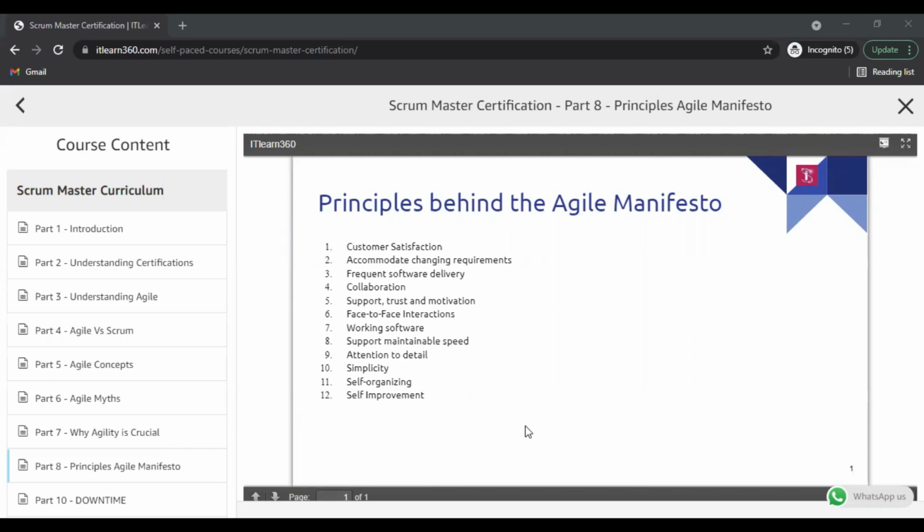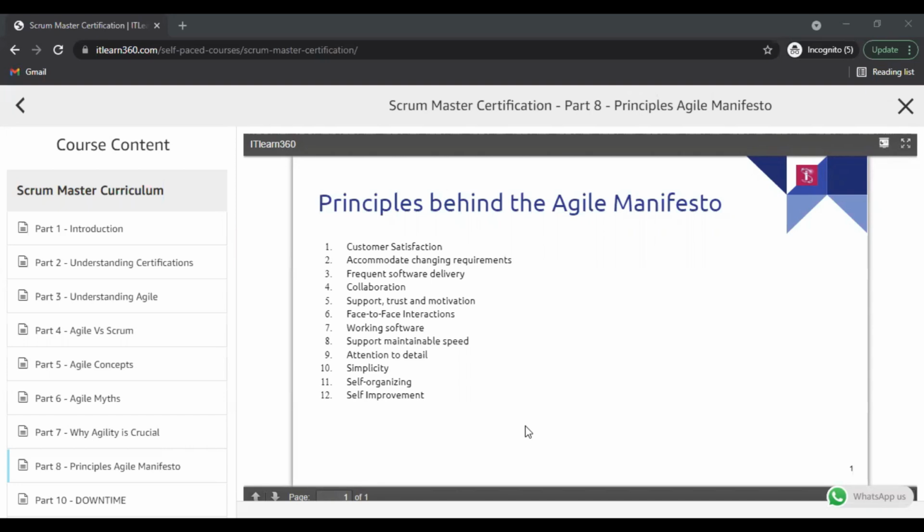So rather than sticking to a specific plan, in Agile we give the option to accommodate requirements, and we all know how we give that option: by including them in future sprints. That helps a lot in accommodating new and changing requirements.